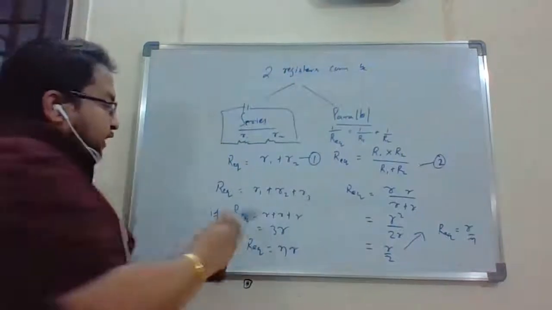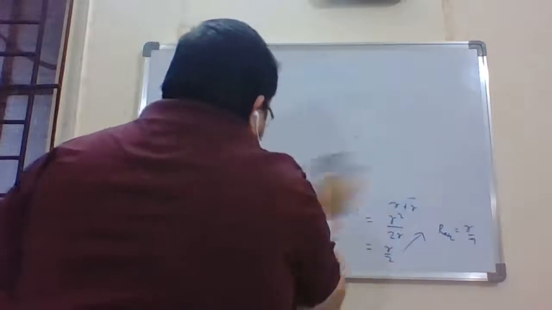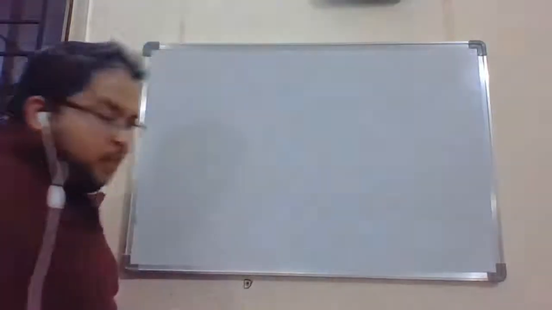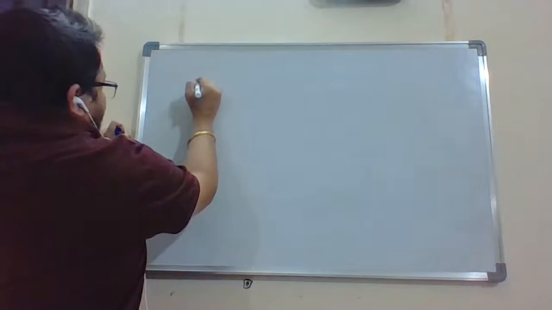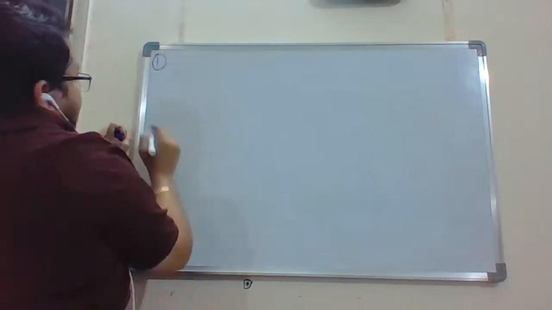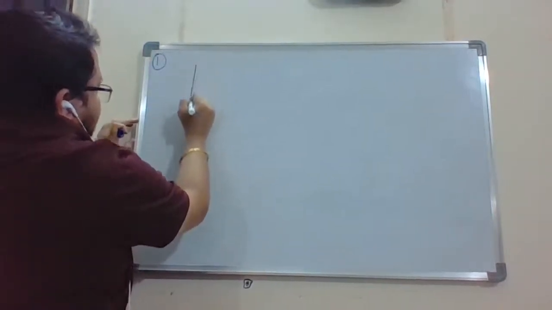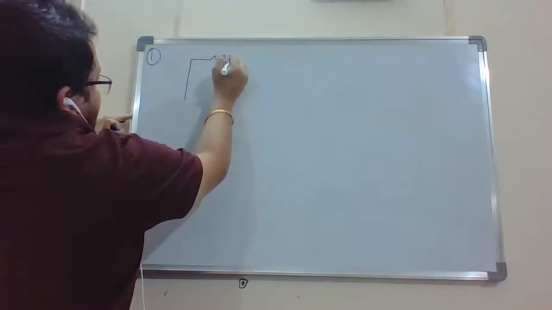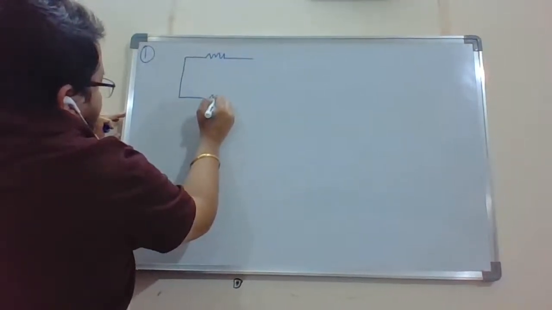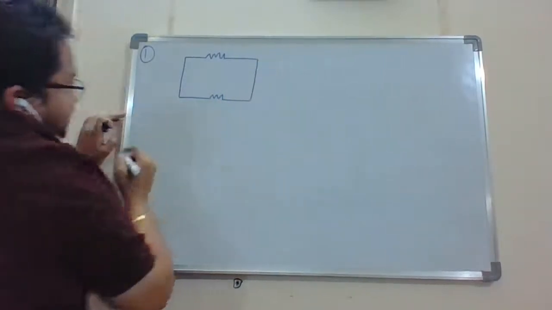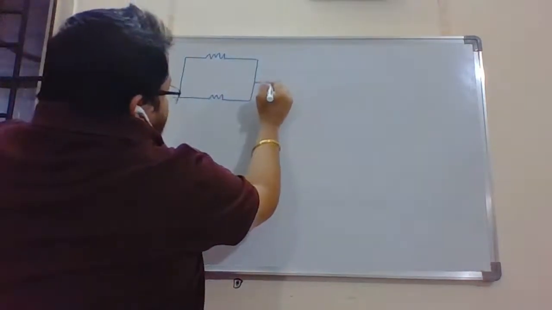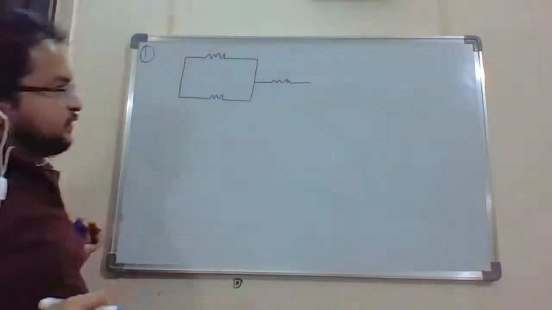So let's start with a very simple one. Say we want to find out the equivalent resistance of this circuit. I have two resistors like this, and the third resistor is like this.